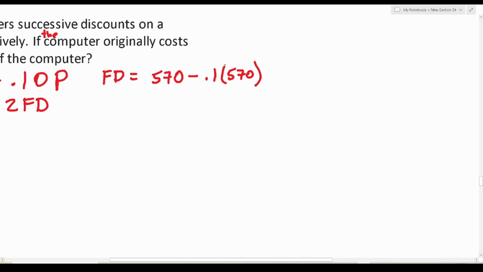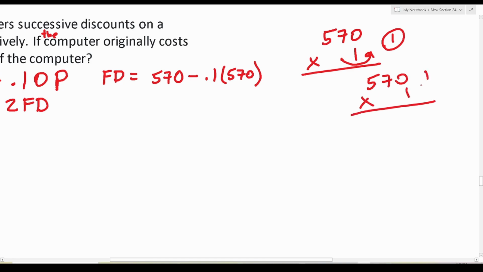Now let's just work this out. This is 570 times 0.1. To multiply a whole number and a decimal, let's shift our decimal one time to the right to get rid of it temporarily. This is 570 times 1, albeit with one decimal to shift back into the left. 1 times 0 is 0, 7 times 1 is 7, 5 times 1 is 5.